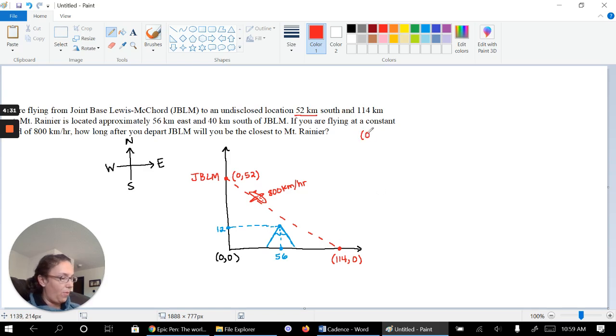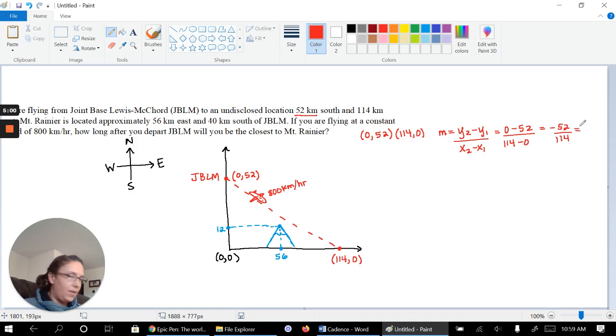So if I have the points 0, 52 and 114, 0, I can find the slope of that line by doing the slope formula, y2 minus y1 over x2 minus x1. So in this case, that would be 0 minus 52 all over 114 minus 0, or negative 52 over 114.